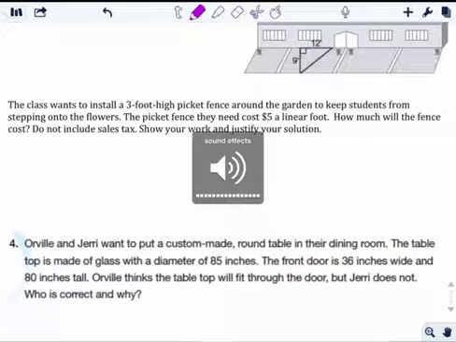Okay, first of all, how much did the fence cost? Well, this side of the fence is 12 feet. Now it costs $5 per linear foot. If it's 12 feet, I would do 12 times $5 to find out how much that piece costs, plus this 9 foot.